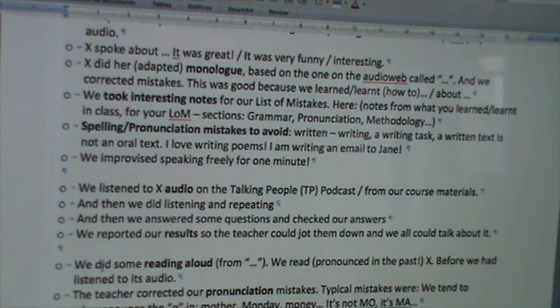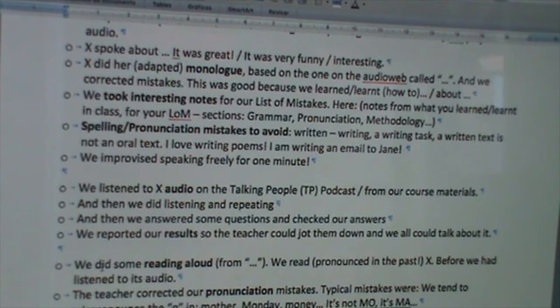The typical pair, written and writing. You mispronounce, or you misspell one or both of these words, right? Written and writing. Well, remember, write a few phrases or sentences and pronounce them correctly, like this.